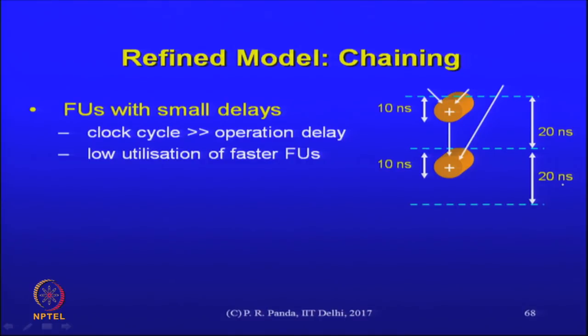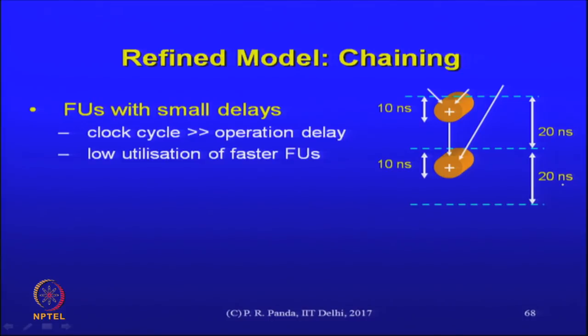This is an example of that. I have dependent operations, and the standard algorithm we have seen so far would actually put them in different clock cycles just because they are dependent. But if you look at this, you see that there is enough time to schedule both of them in the same clock cycle. That would lead to better utilization of resources.